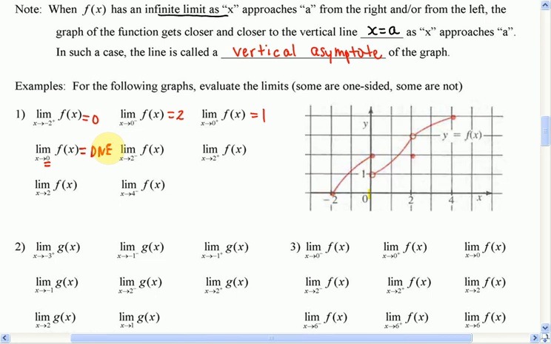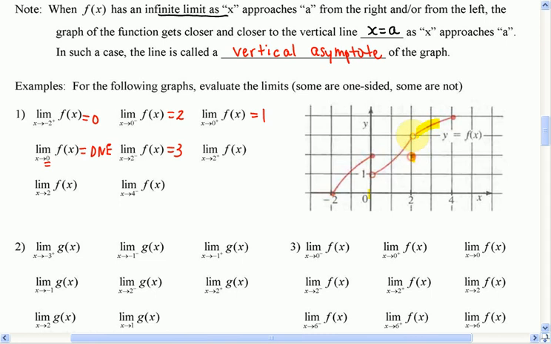And the limit as x approaches 2 from the left. Well, in this case, I'm getting closer and closer to 2 from the left. Looks like the value of 3. Even though it's an empty dot, I'm getting closer and closer to 3. Not 2, but closer and closer to 3. Similarly, x approaches 2 from the right, coming this way.